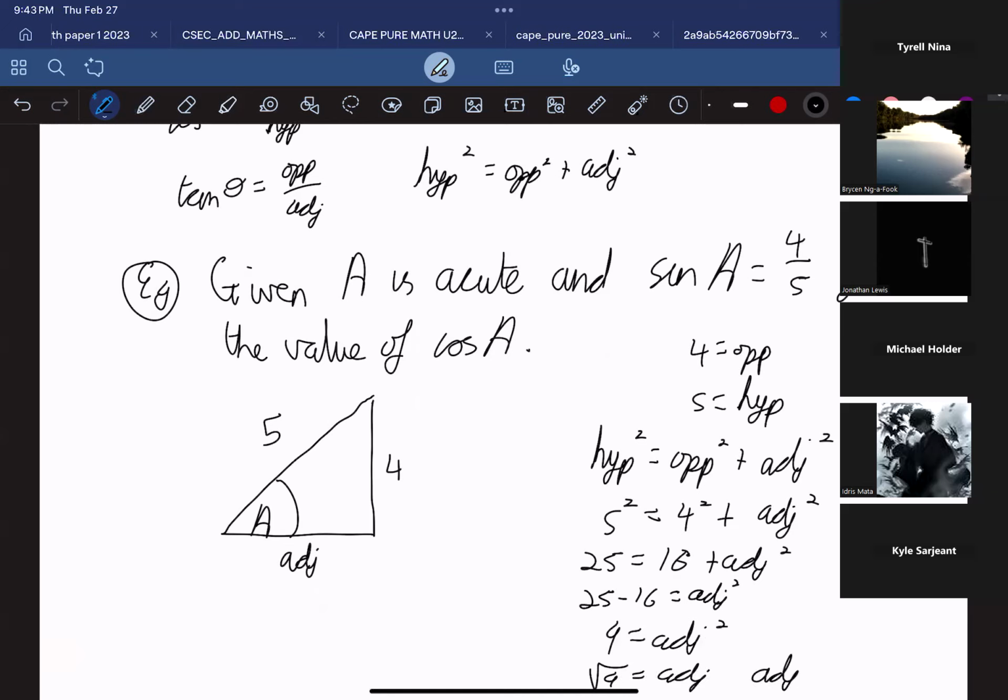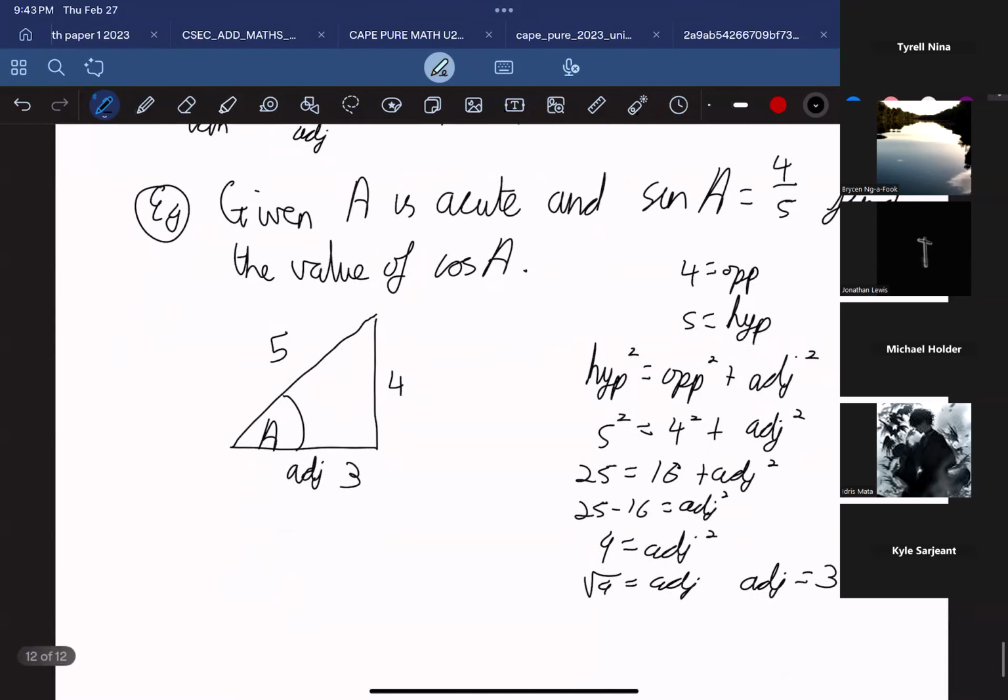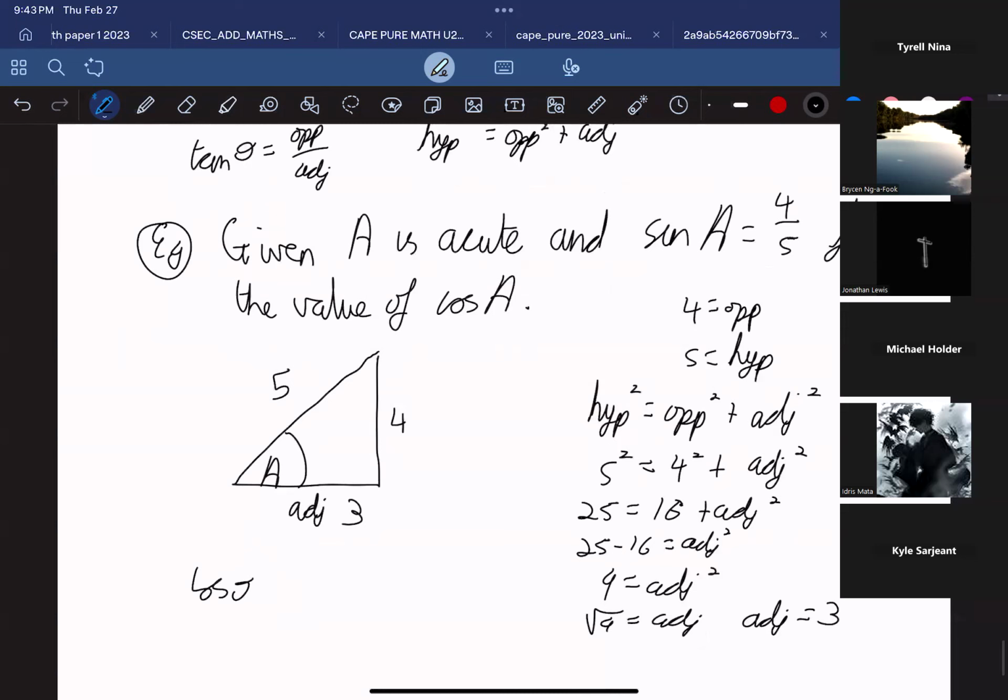So the adjacent is 3. Then cos A is adjacent over hypotenuse, which is 3/5. So in these cases, you have to draw the triangle, find the missing side, and that's your answer.